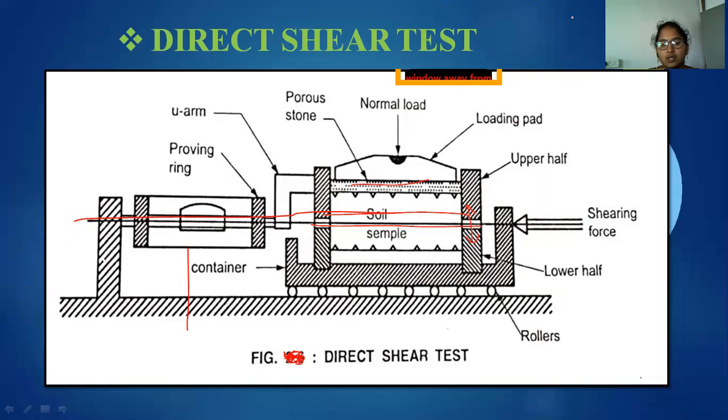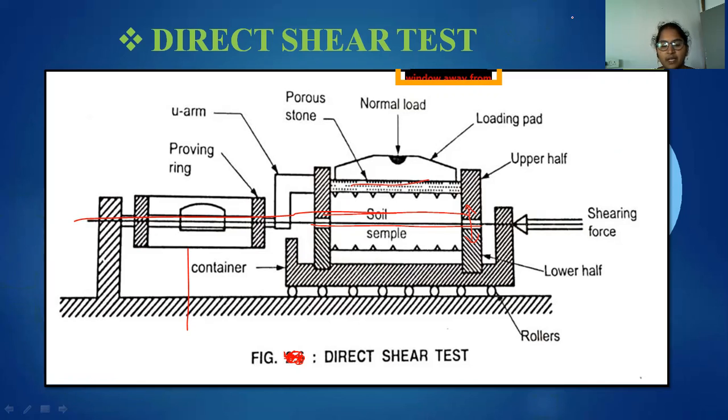There is no control over drainage condition and no mechanism to measure pore pressure. Hence, this test is performed for drained condition, that means CD, drained condition. Also, a constant shear strain rate of 1.25 mm per minute is applied.